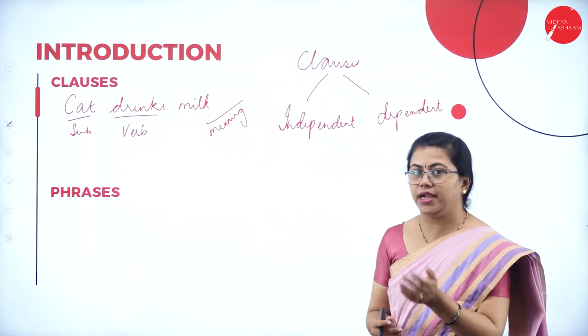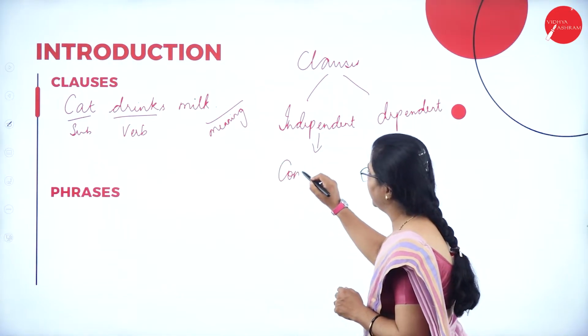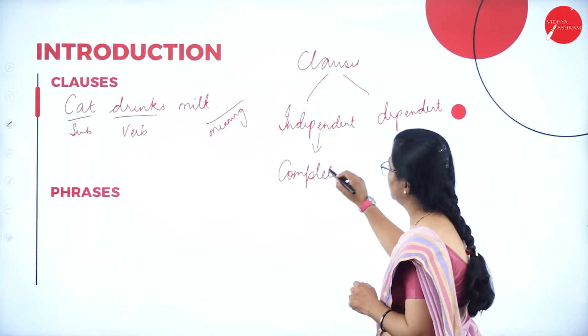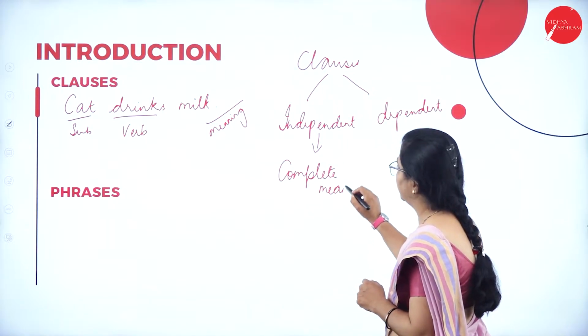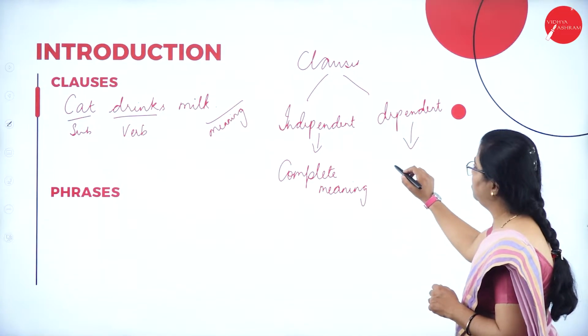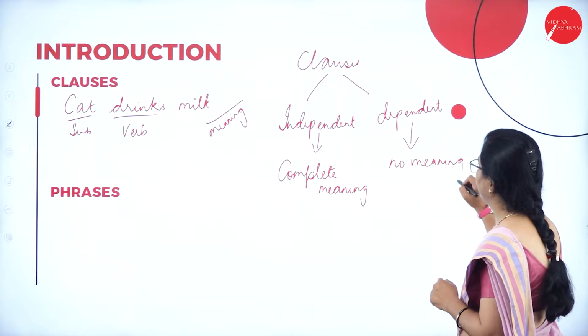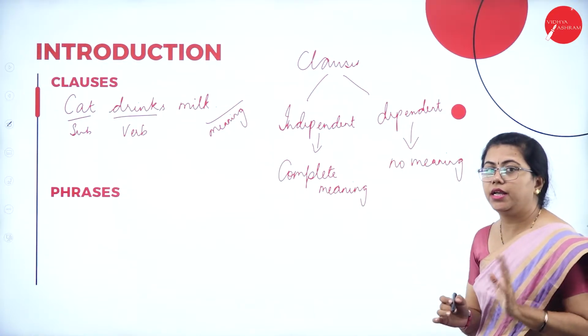It has a subject and a verb in it and it has to give a complete meaning. Suppose the clause gives you complete meaning, then it is called an independent clause. If it does not give you complete meaning, then it is called a dependent clause.